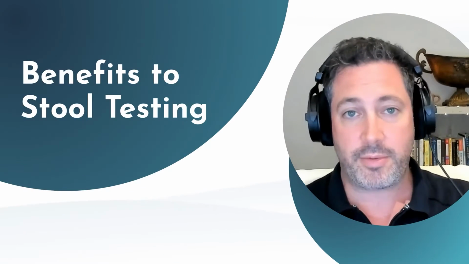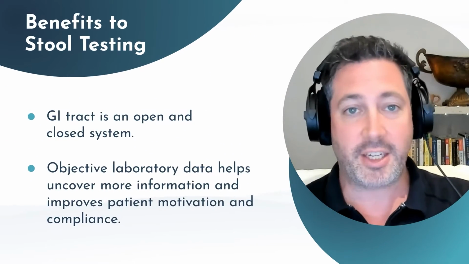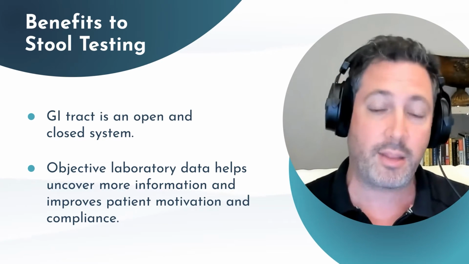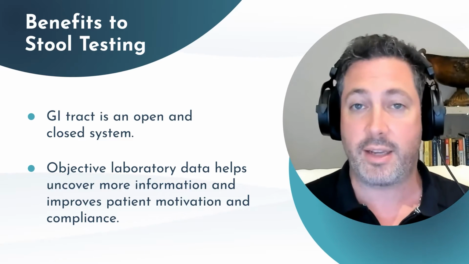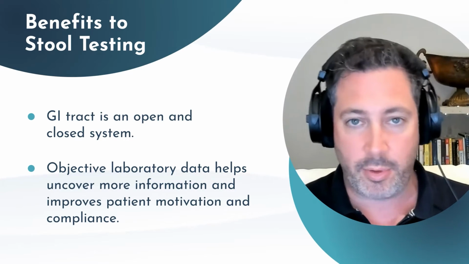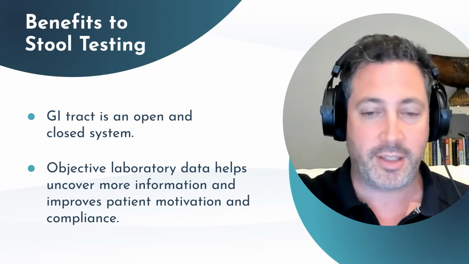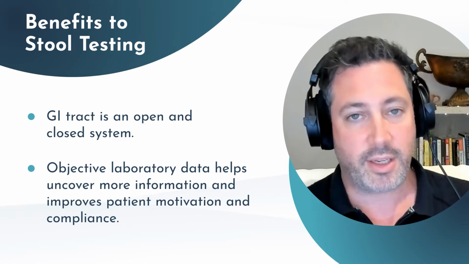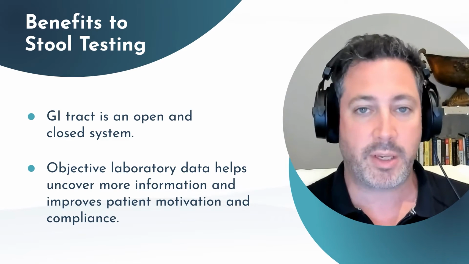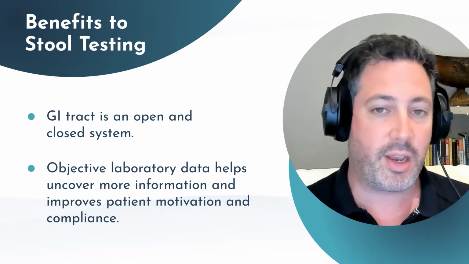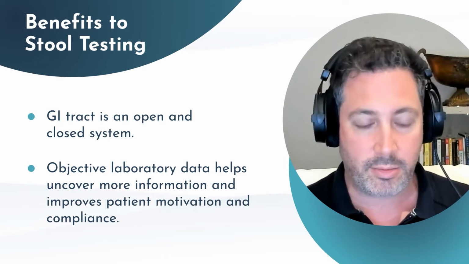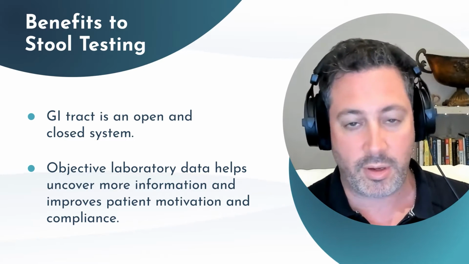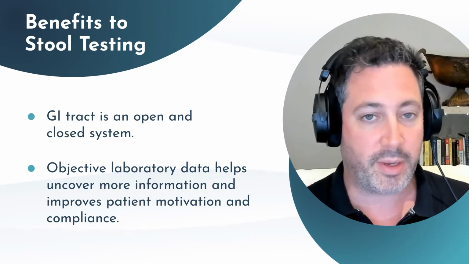Now, the benefit of stool testing analysis is that the GI tract is an open but also closed system. Even though things are coming in and coming out, it is just the outside. It's like I always say, it's kind of like putting a straw inside a muffin. You're connecting the outside with the outside, but you're going inside the muffin with the straw. Still, it's a closed system in many aspects, because you have sphincters and certain different areas that are regulated by multiple ways, multiple fluids and organs and, again, anatomical structures.